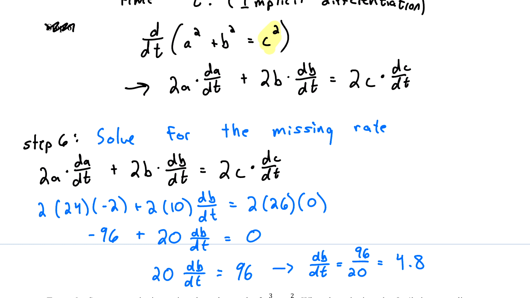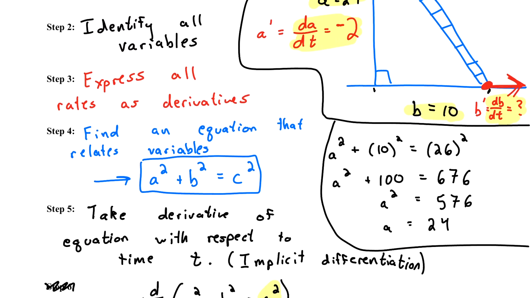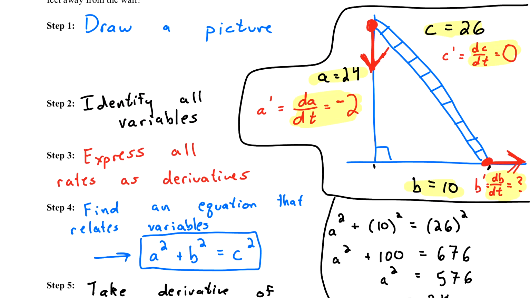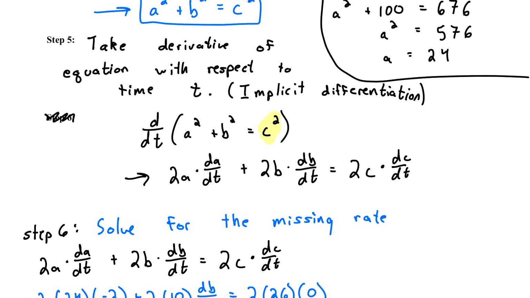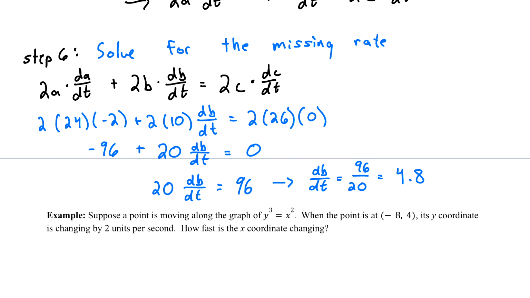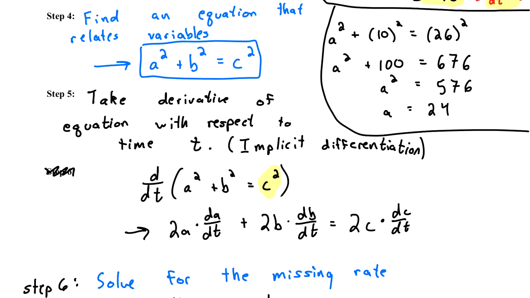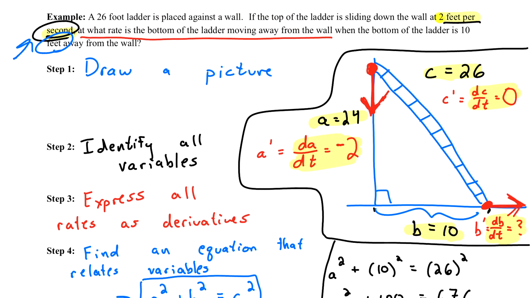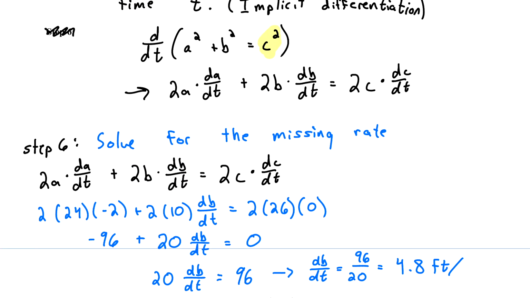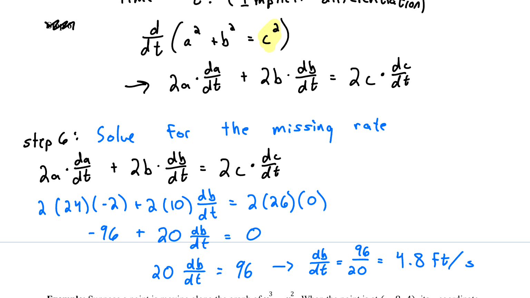How is B measured? B was the distance between the wall and the ladder, and here we said 10 feet away from the wall. So the unit of B would be feet, 4.8 feet per what? Per unit of time, and we said we were measuring in seconds. So that means 4.8 feet per second.